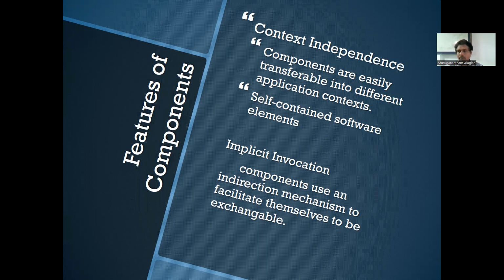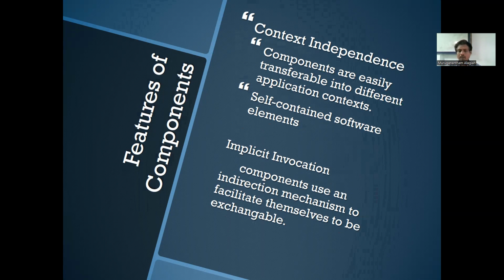And as you're aware, it is a software product, which may be a smaller one or, depending on the application, complex as well. And the third one is implicit invocation. Components use an indirection mechanism to facilitate themselves to be exchangeable. It is implicit in the sense that it is inbuilt.